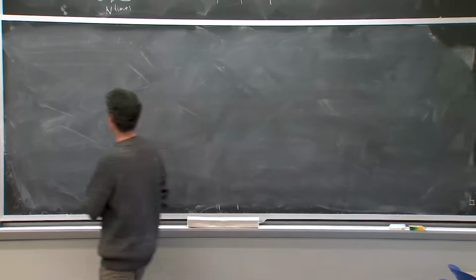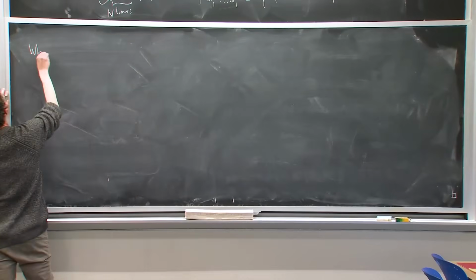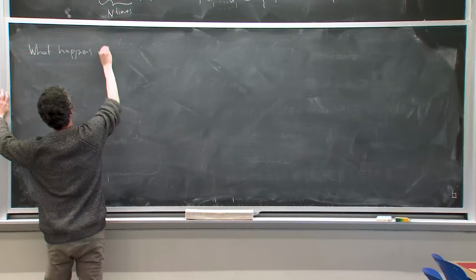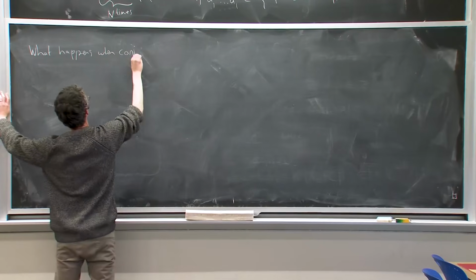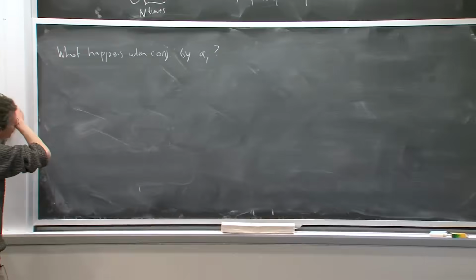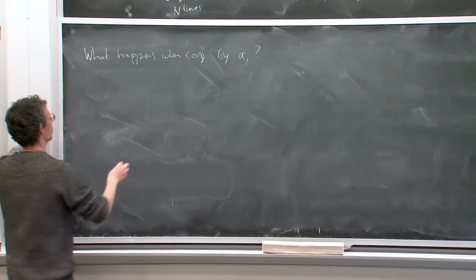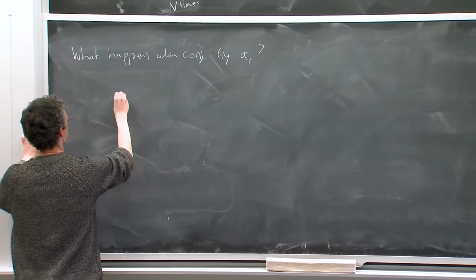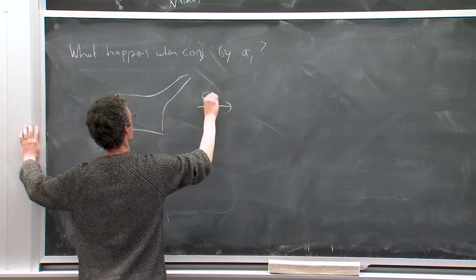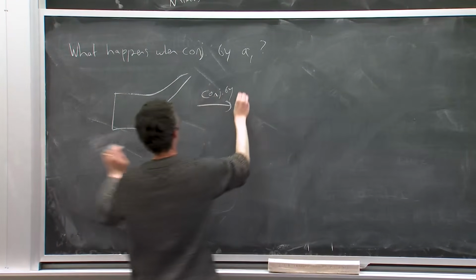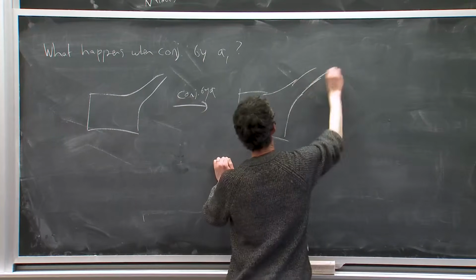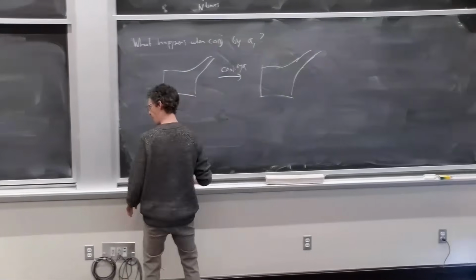So what happens when we conjugate by a? The conjugation map, conjugation by a, takes our homogeneous space to itself.